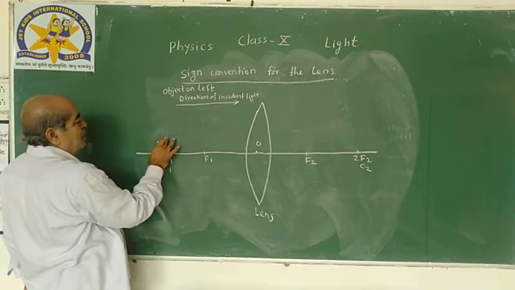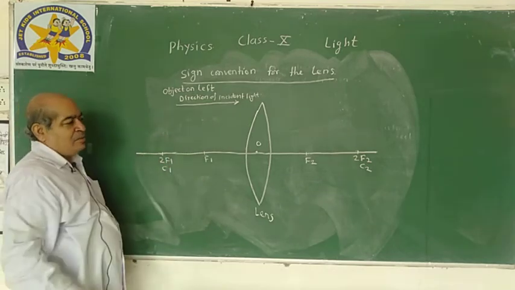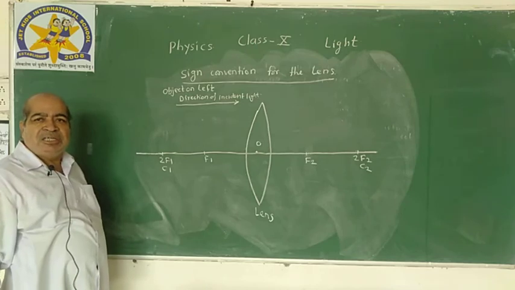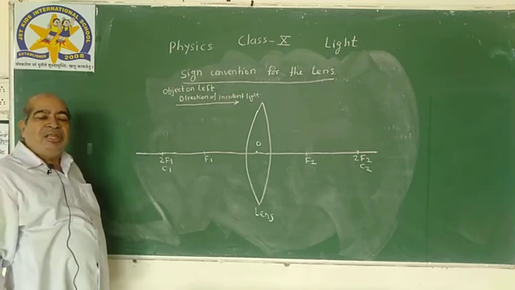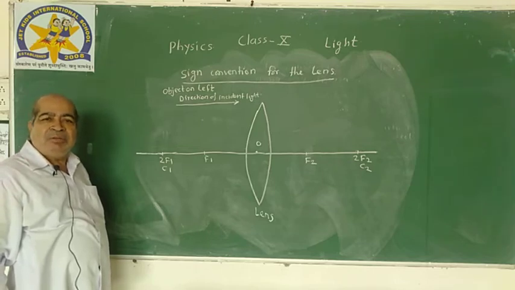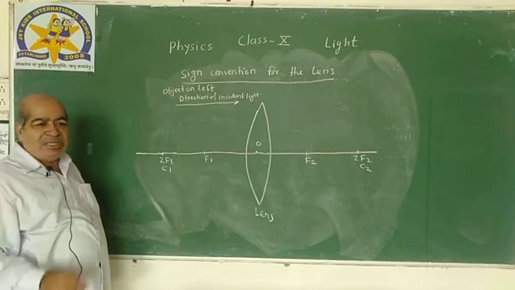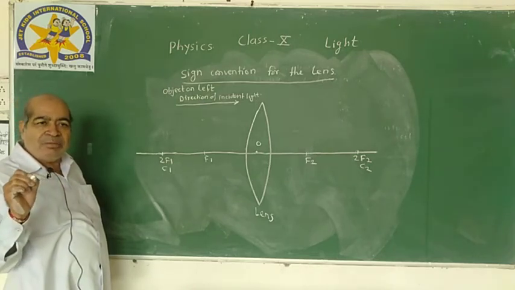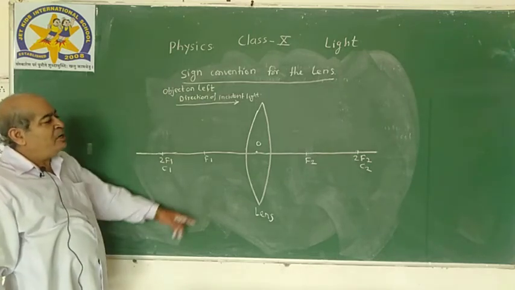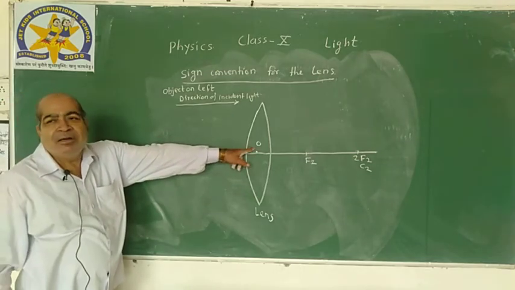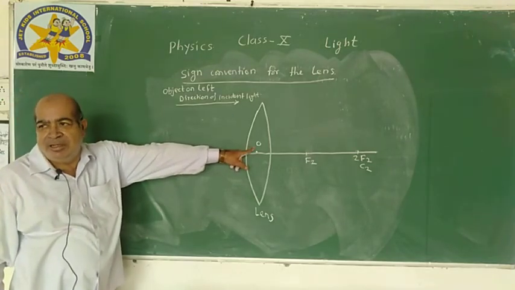Then second is, all the distances should be measured from the pole of the mirror in case of a mirror, but instead of the pole of the mirror you should write the optical center of the lens.